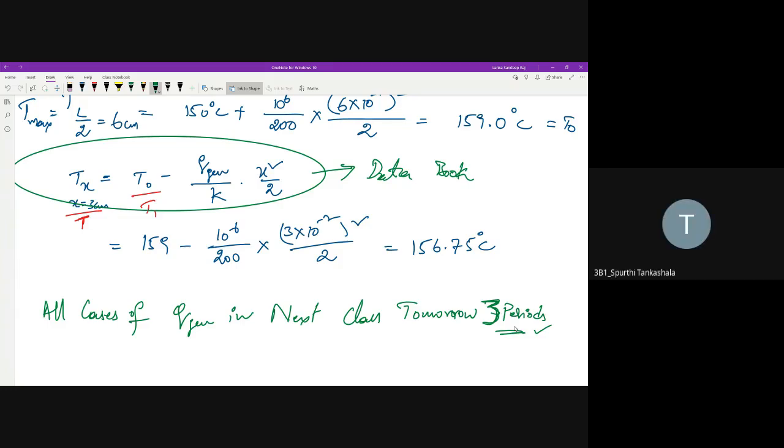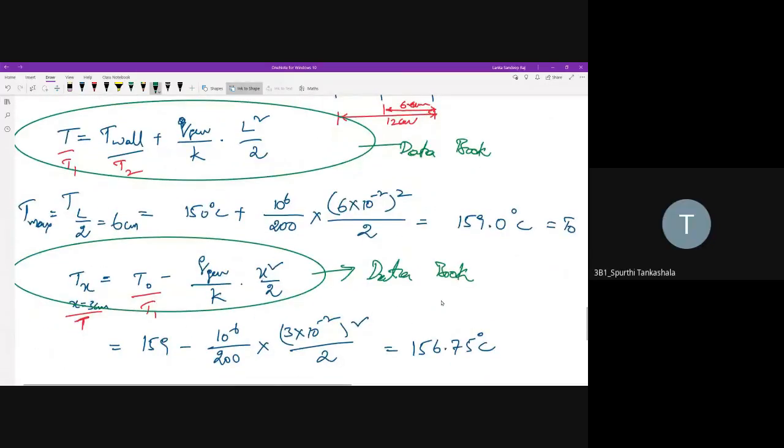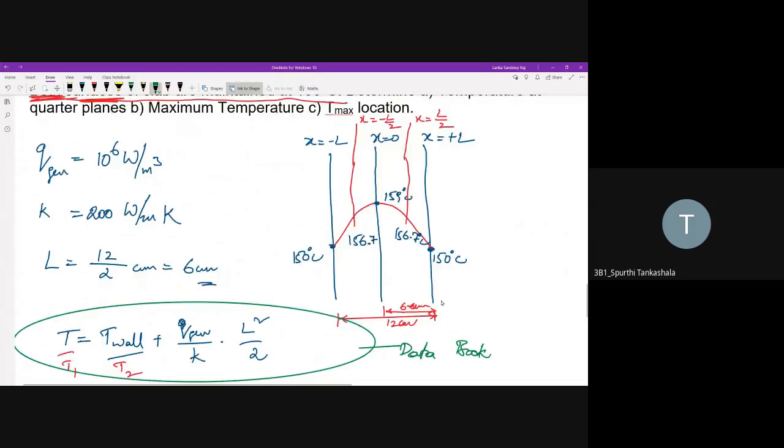Sir, why did you take L by 2 value as 6, sir? Where, ma? In the T max. Here. Here, why is L by 2 my 6? Is it your question? Yes, sir.